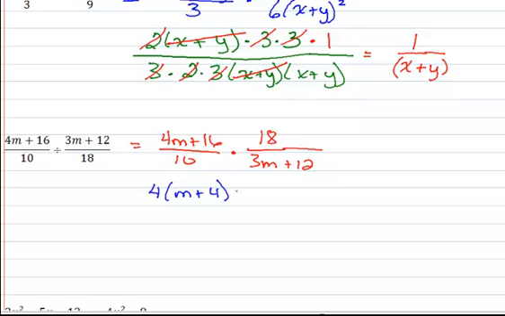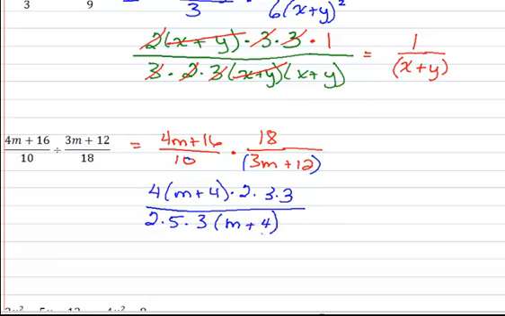And then 18 is 2 times 3 times 3. I guess by that token I should have factored that 4, but I'm not going to go back and do that now. And 10 is 2 times 5. And this has a 3 greatest common factor. And that gives us m plus 4 when we take the greatest common factor out of that.